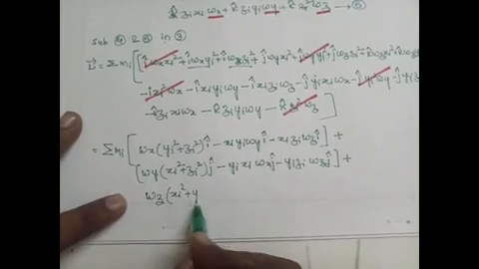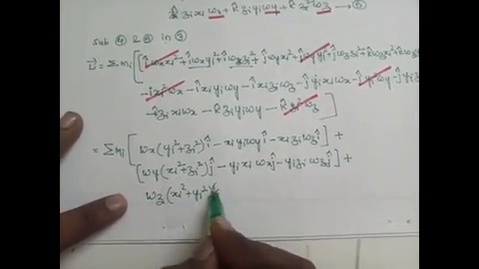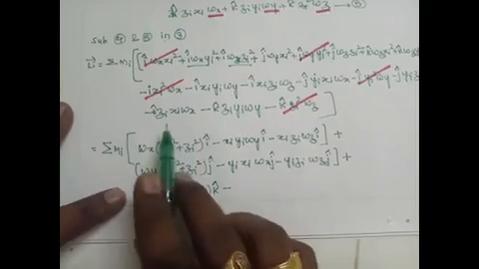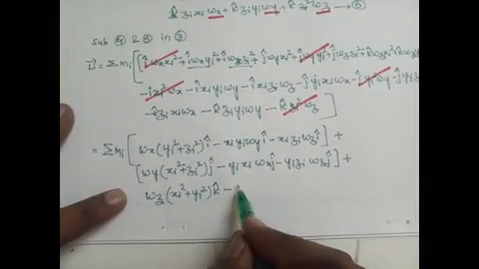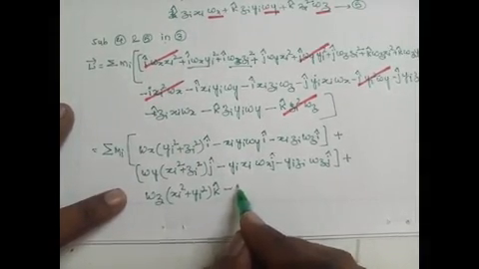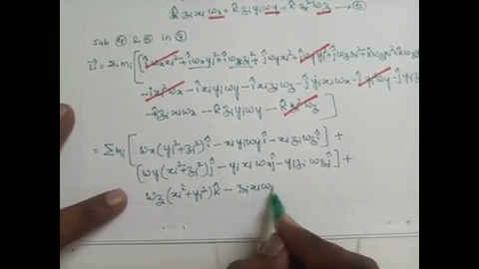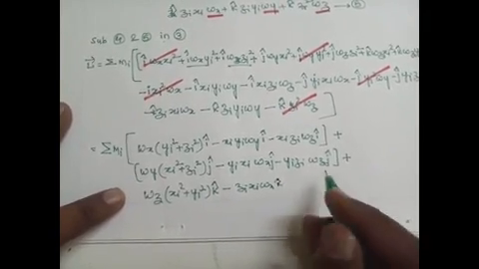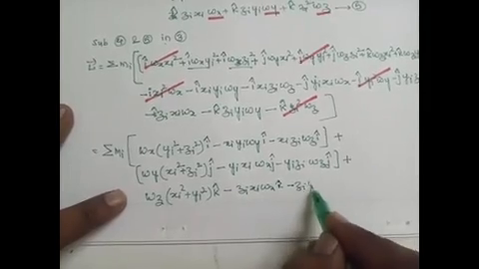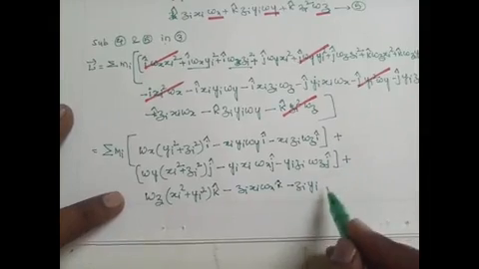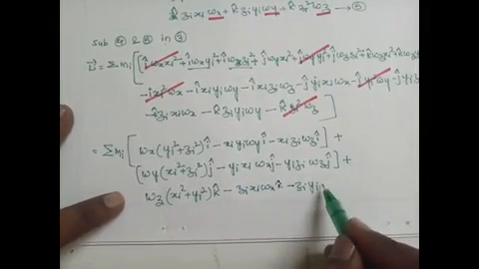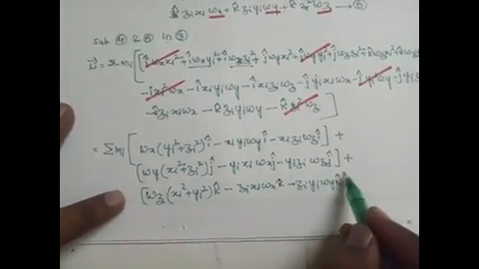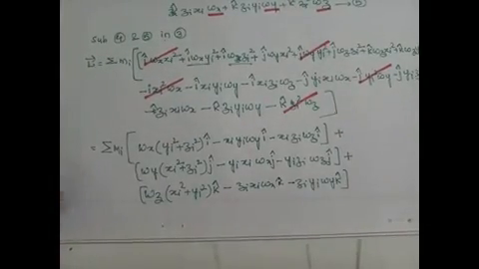Xi square plus yi square, k cap minus, and the remaining terms are, if you observe here, the term zi xi omega x, here it is k cap, and minus zi yi omega y k cap. Okay, so we separated ith and jth and kth components.